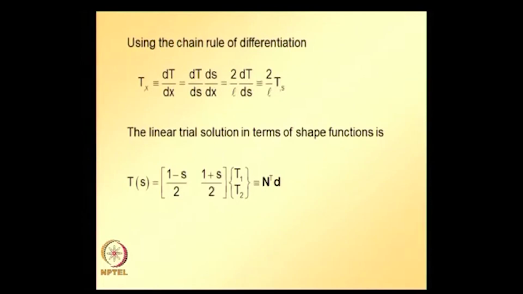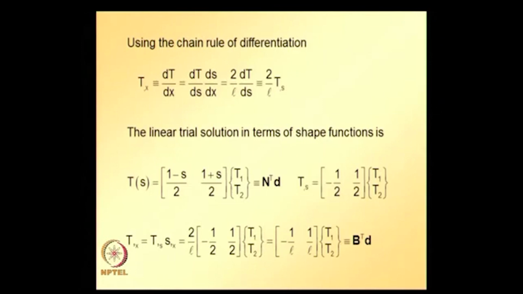And from this we get the derivative of T with respect to s. It can be easily verified. It is given by minus half, half put in a matrix form multiplied by T1 T2 put in a vector form. So using this, if you multiply the derivative of T with respect to s with 2 over the length of the element, we get the derivative of T with respect to x, and that is what is shown here.